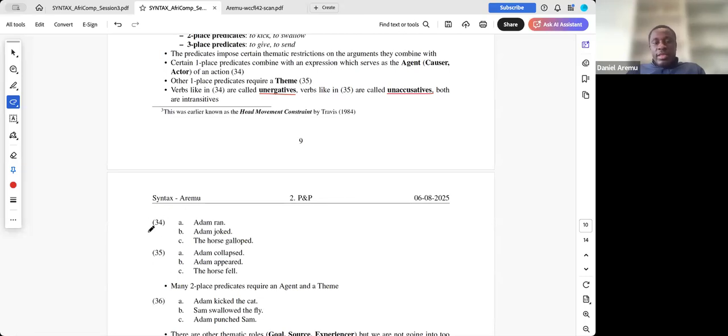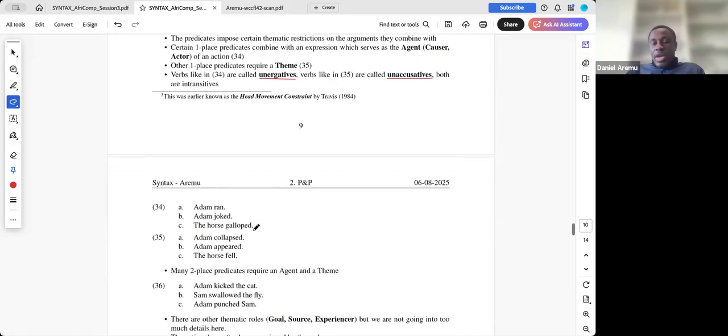So what we saw in 34 and 35: in 34, when you have an agent as the sole argument of a one-place predicate, what we have is a case of unergatives. While in 35, when it is a team that is the sole argument of the one-place predicate, they are called unaccusatives. Why is it so?